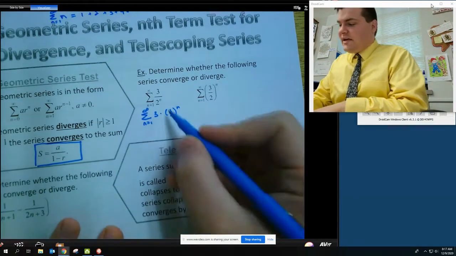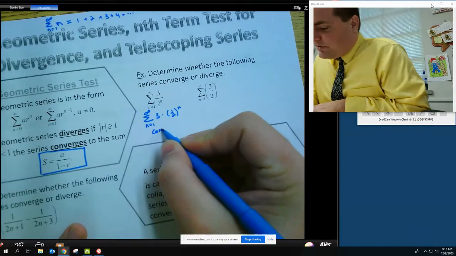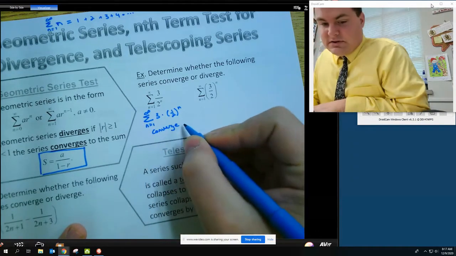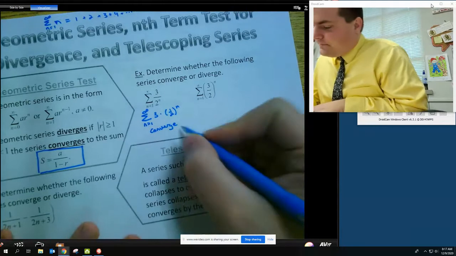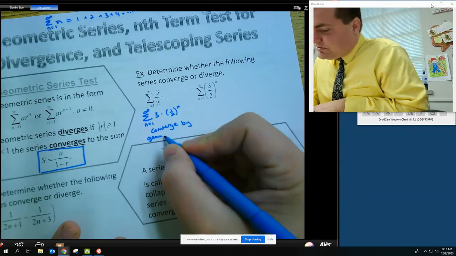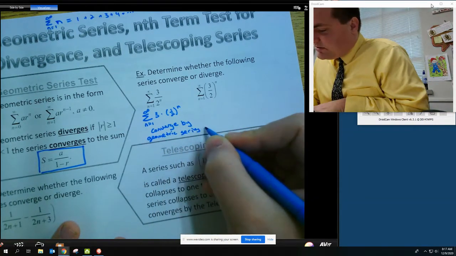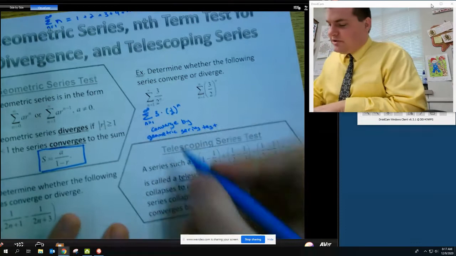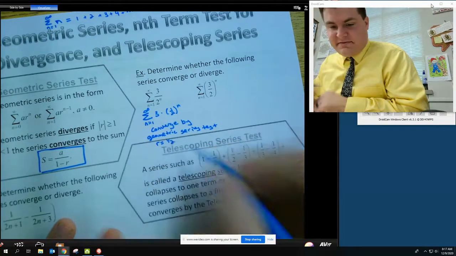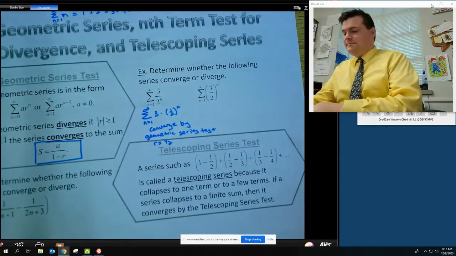So because of that, this is going to converge. You have to state why. By the geometric series test. And why does it converge? Because R is equal to 1/2. Okay, so this converges by the geometric series test.